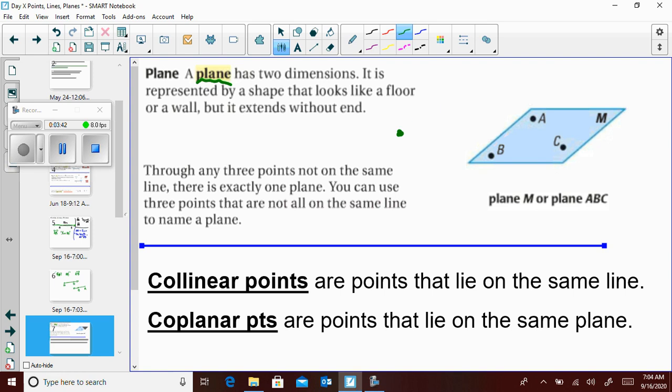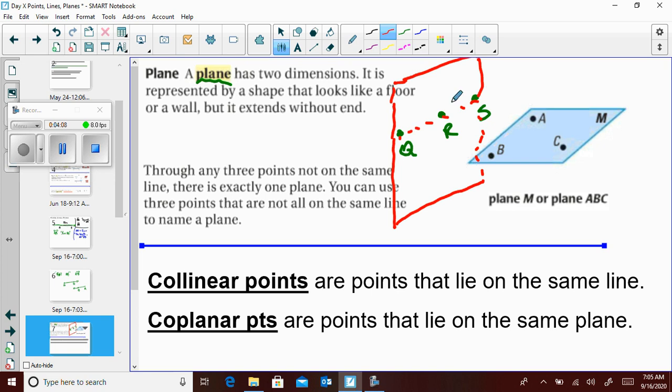Because if I drew these 3 points on the same line, let's call it Q, R, S, I can draw the flat plane like this, or I could draw a plane vertically through this line. So it can be vertical or flat. Because if it's linear, I could draw a plane infinitely many times through this. So it has to be 3 non-collinear points.